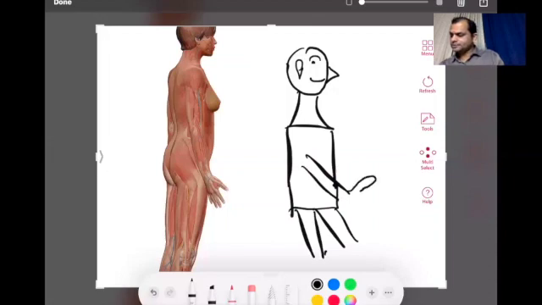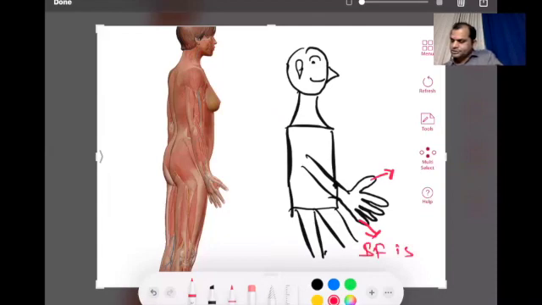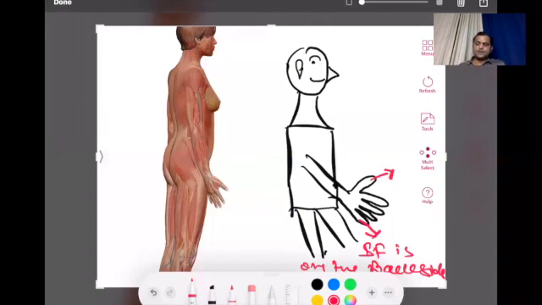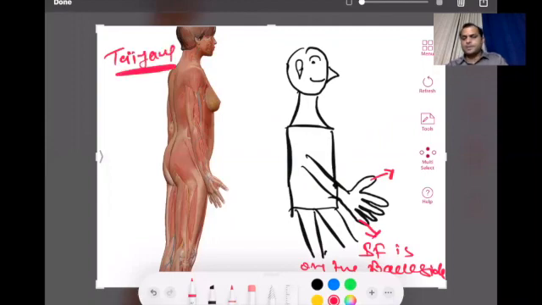And this is the thumb, this is the index finger, middle finger, ring finger, small finger. If I ask you, tell me whether the thumb is on the back side or the small finger is on the back side, then the answer will definitely be that the small finger is on the back side. So Tai Yang has been provided with the responsibility to supply the back part of the human body. That's why it starts from the small finger.